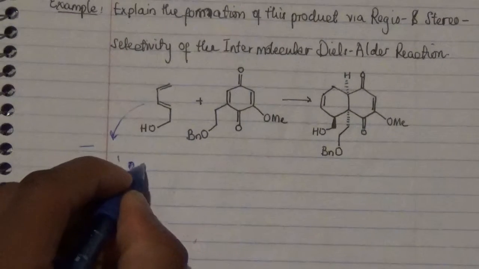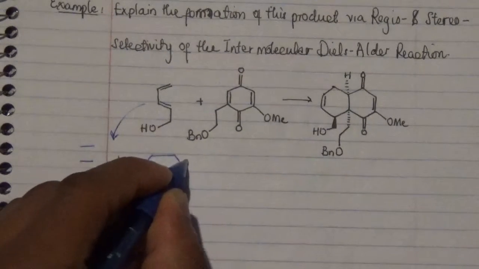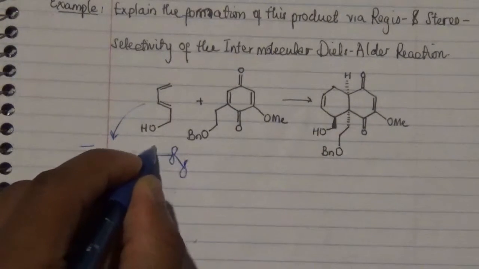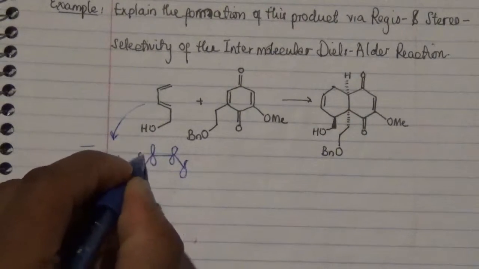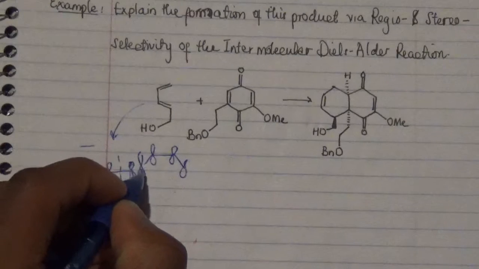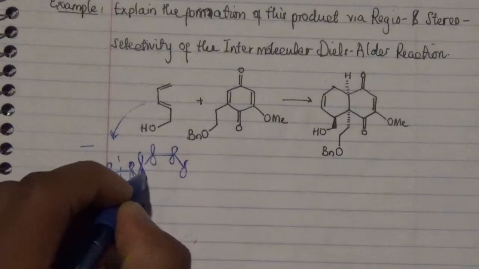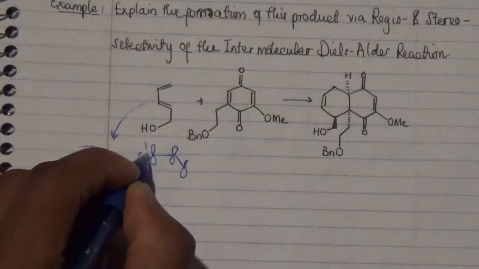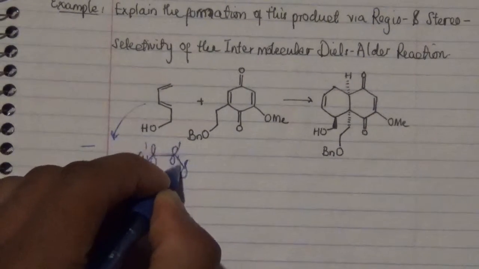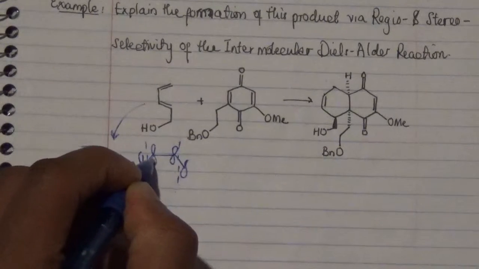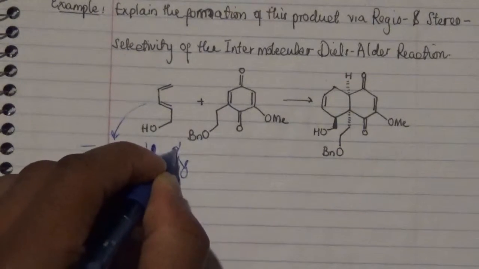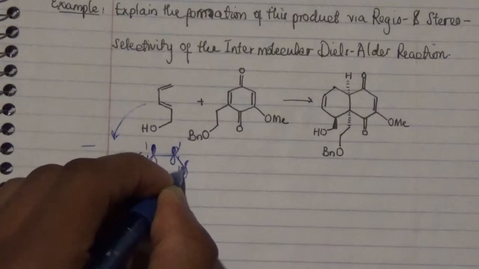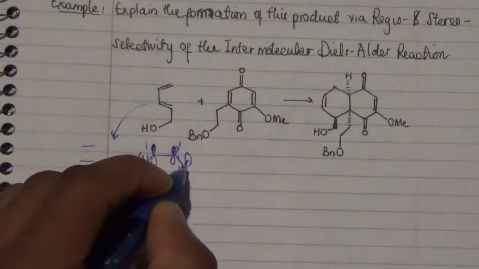Now the third one, we have 2 nodal planes. I'll make this shaded as well, but this is different from that. These 2 over here are all in phase but out of phase with respect to this particular combination.